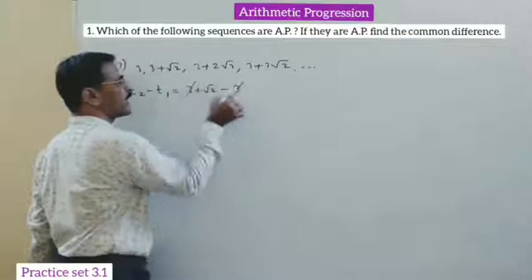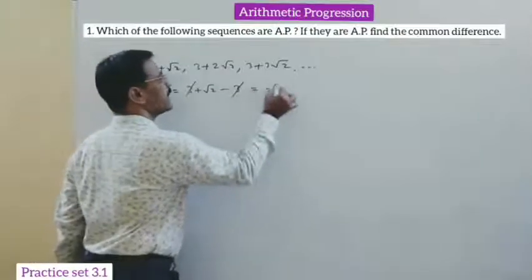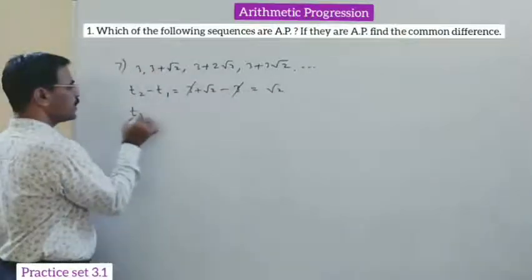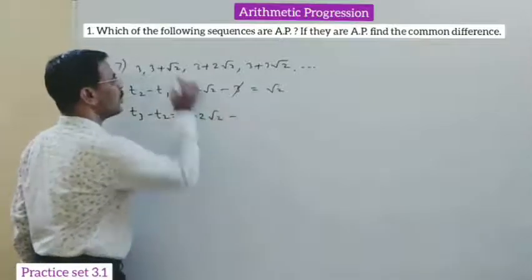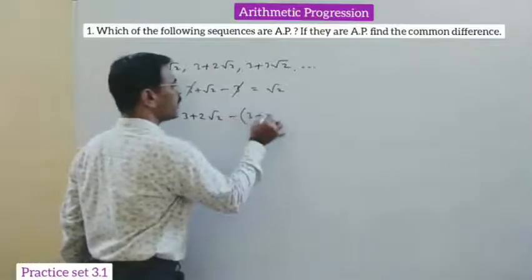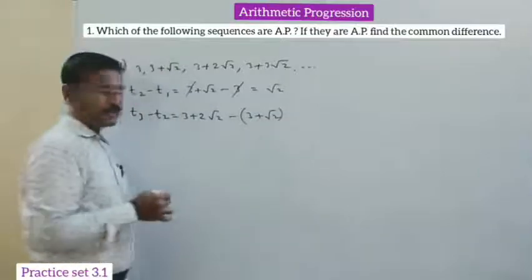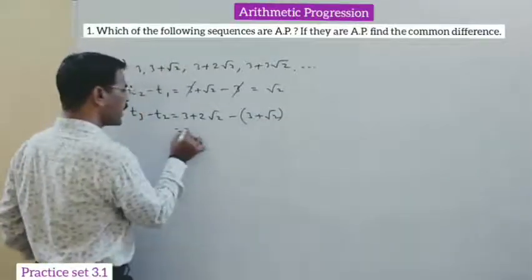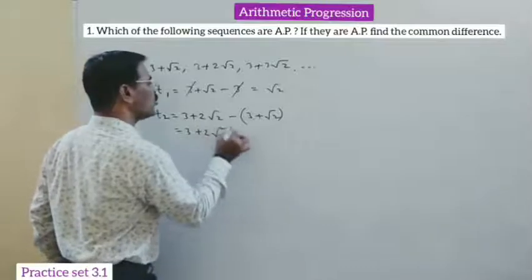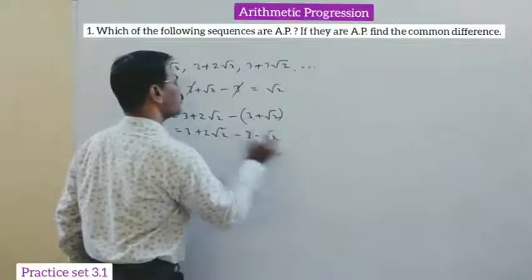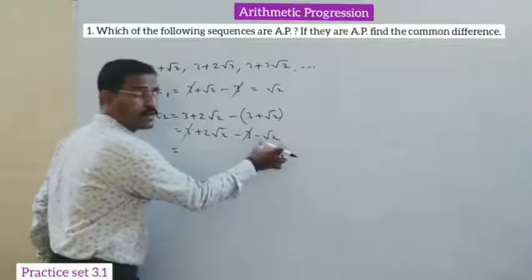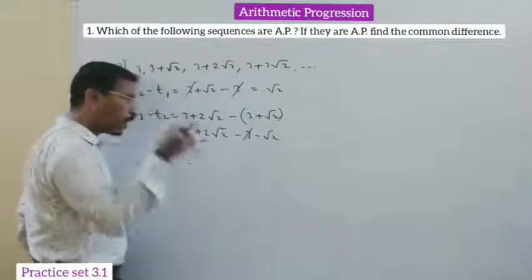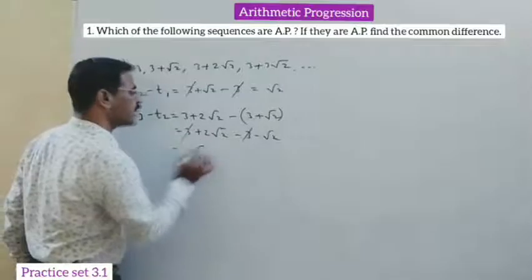So this 3 gets cancelled, here it is root 2. Now here T3 minus T2, that is 3 plus 2 root 2 minus, this is binomial, write in bracket, 3 plus root 2. So what do we get here now? Here it is 3 plus 2 root 2 minus 3 minus root 2. This 3 gets cancelled. 2 root 2 minus 1 root 2, it is what? 1 root 2. It is correct.